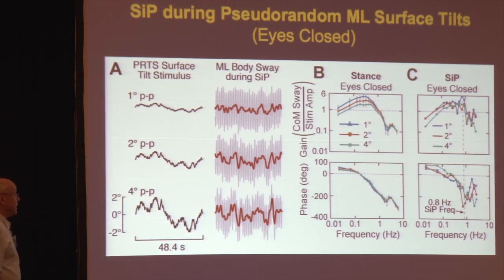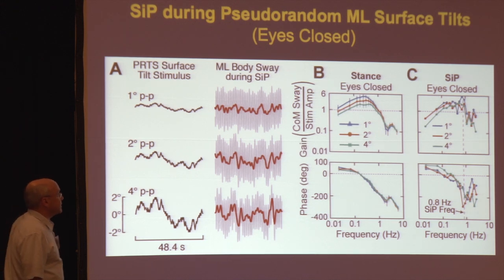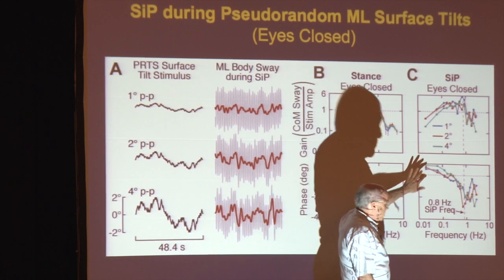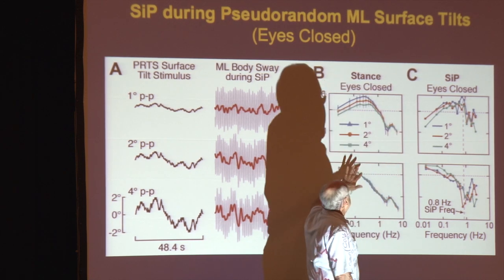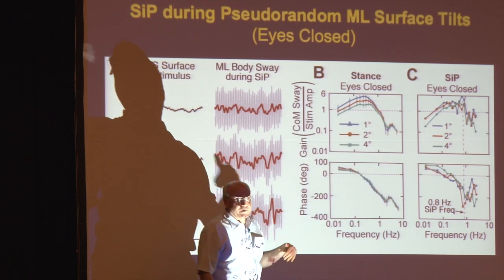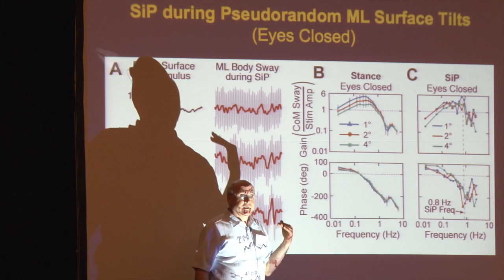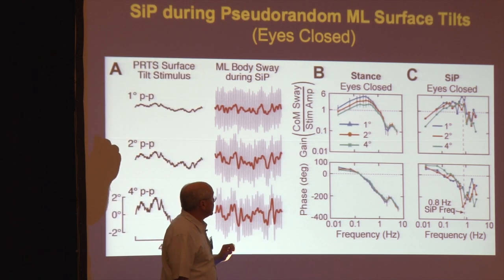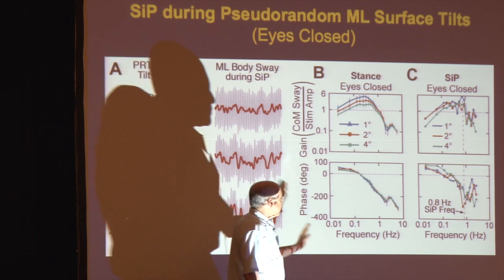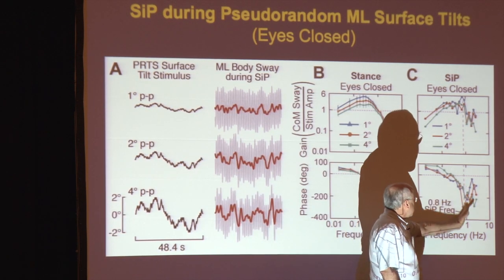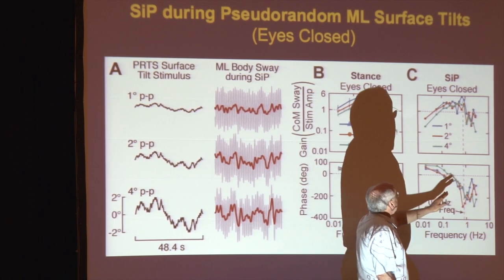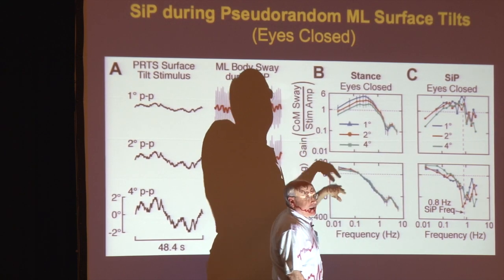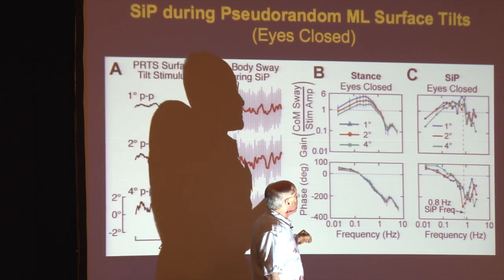the stimulus shape, and you can calculate a frequency response function from this data. That's shown just for one subject here, in comparison to frequency response functions for medial lateral sway averaged across a group of, I think, 8 subjects. And so you see similarity. Below the stepping frequency of 0.8 hertz here, the shape of the frequency response functions is very similar in stance and during the stepping in place task.